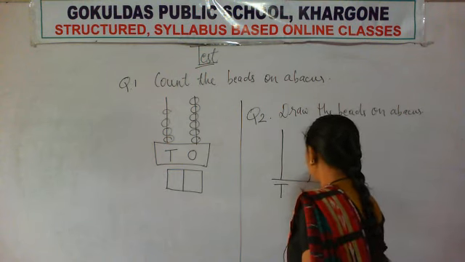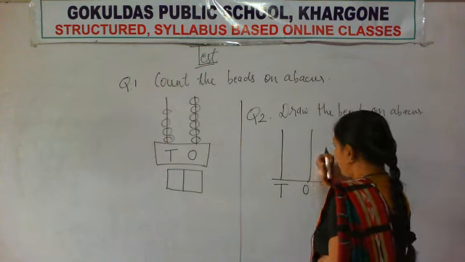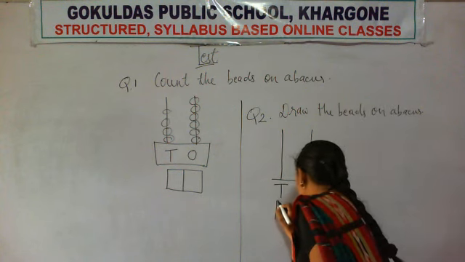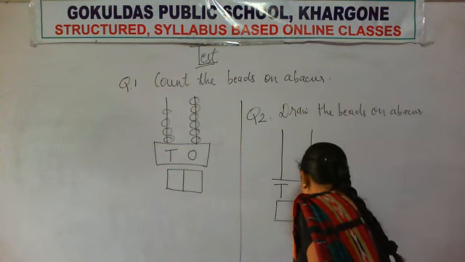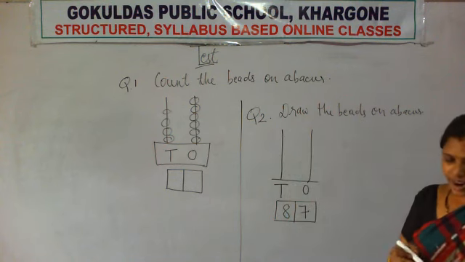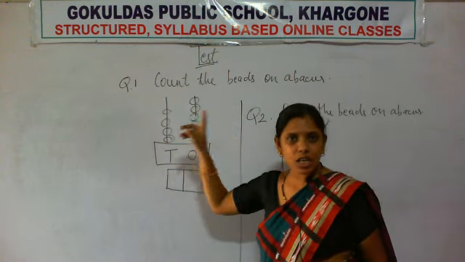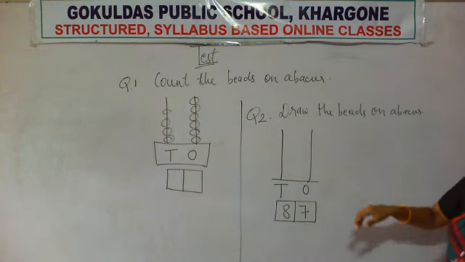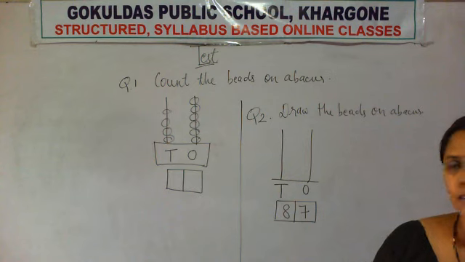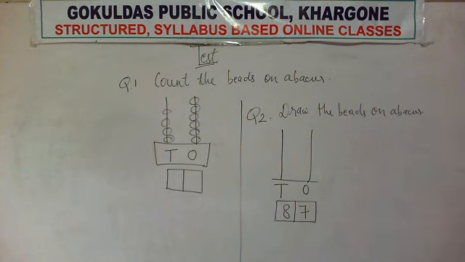This is T. This is O. And this is your number. Okay, start writing the test. I will give you only 2 minutes, so write fast. 1 minute for this question and 1 minute for this question. Your time starts now. This is a test, so solve these two questions.